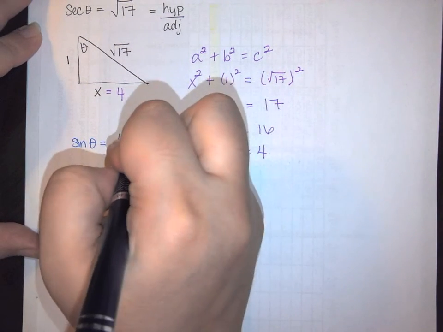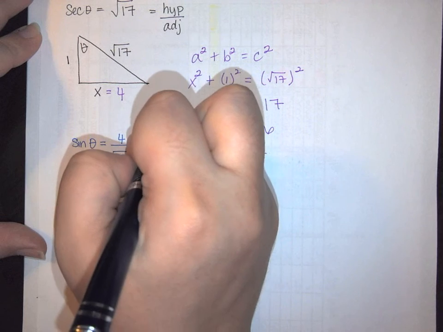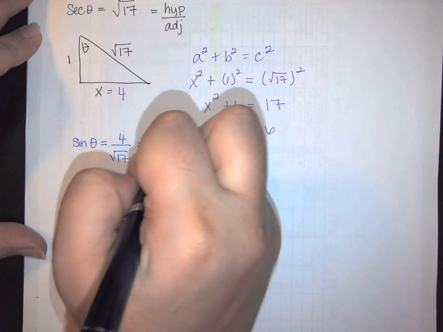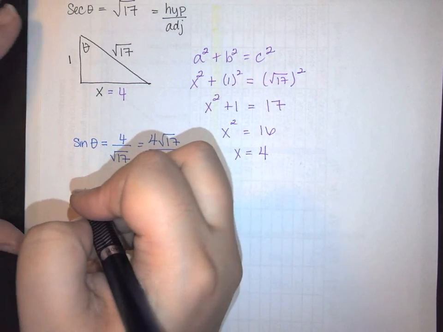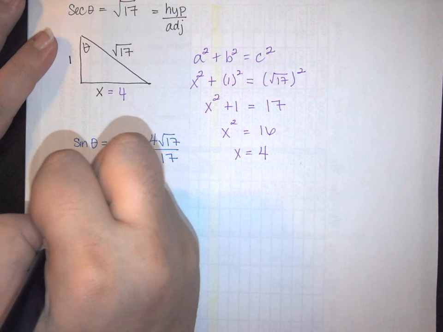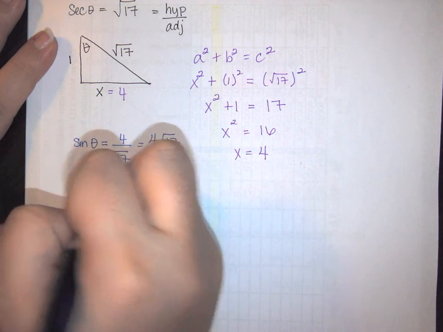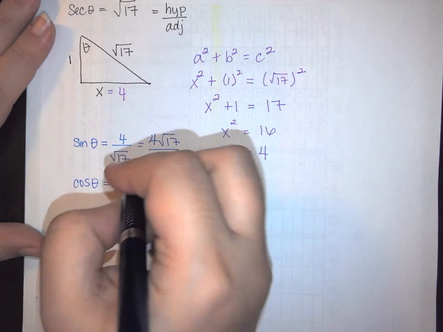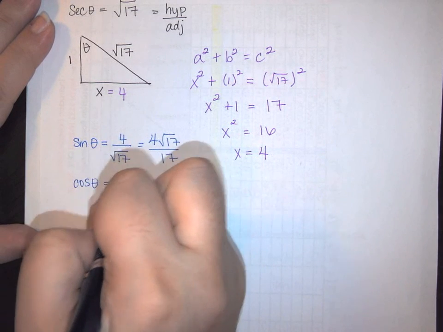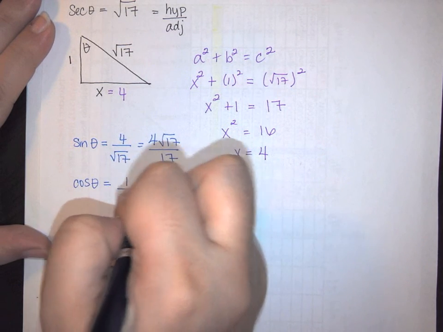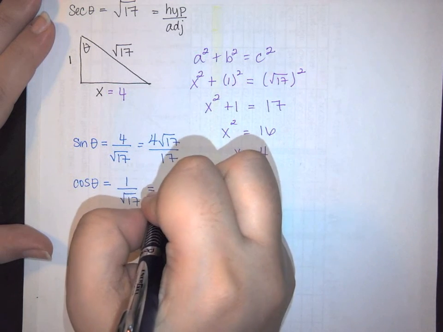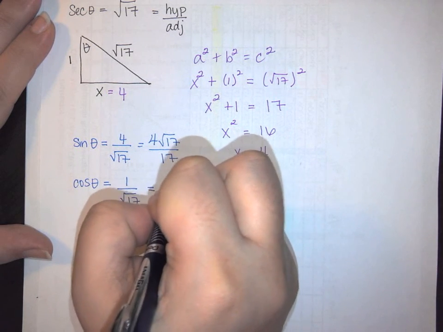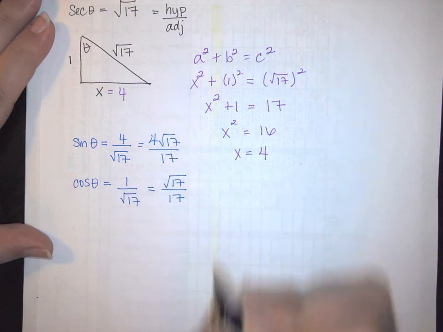Once you rationalize, we end up with 4 square roots of 17 all over 17. Now I need to do cosine. Cosine is adjacent over hypotenuse. So in this case, we're going to have 1 over the square root of 17, which after rationalizing is the square root of 17 over 17.